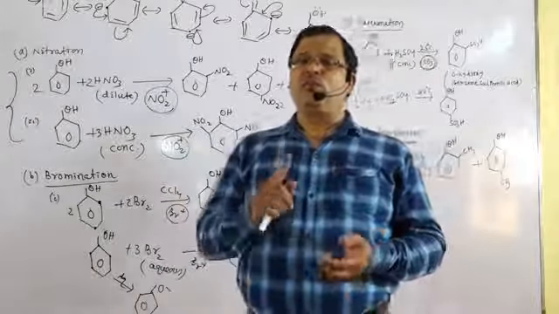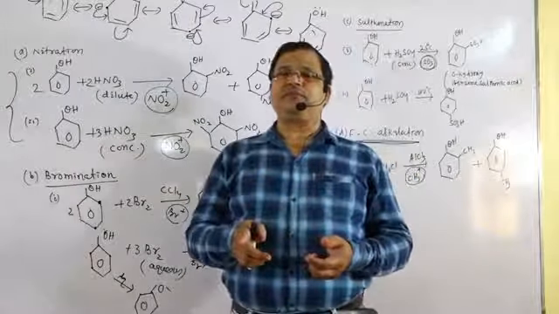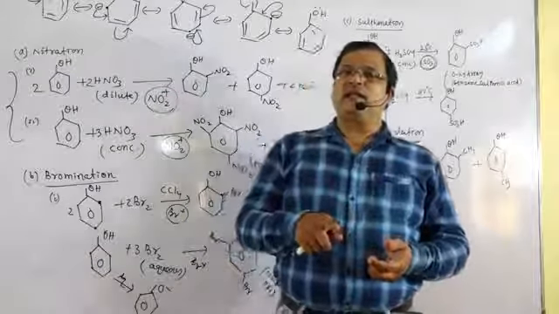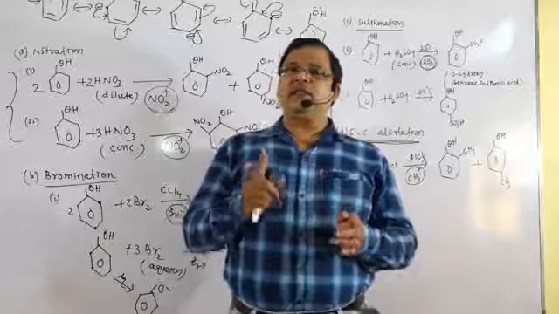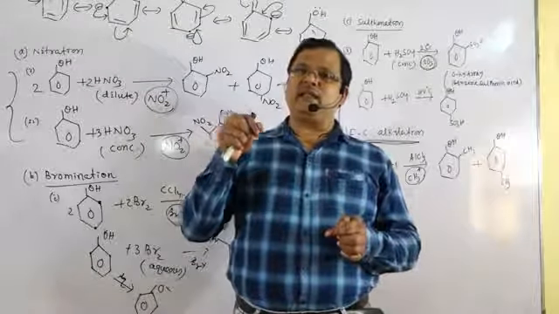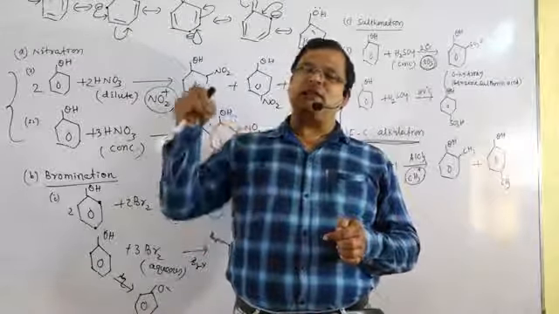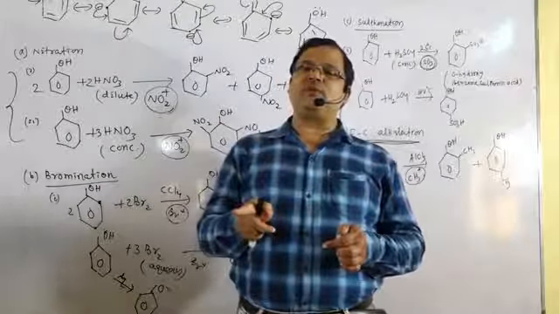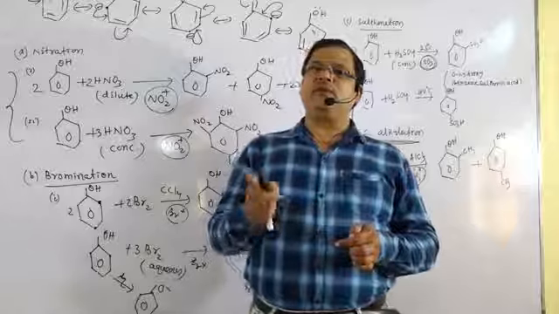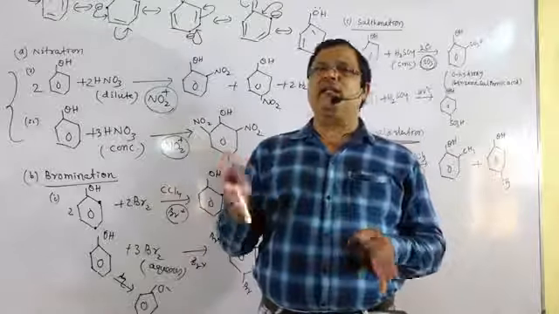That is electrophilic substitution. What will we mark? Regarding the resonating structures, we have explained that electron density increases in the ring, particularly at ortho and para positions. Therefore, it is an ortho-para directing and ring activating group.